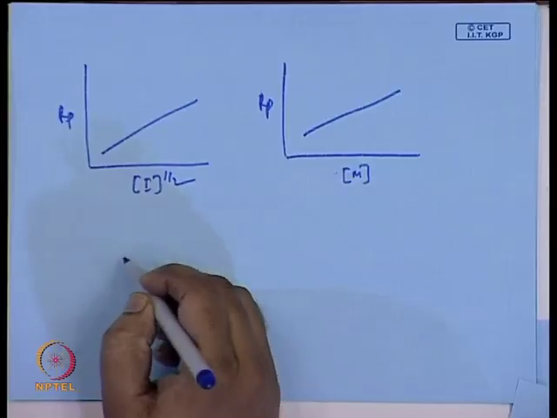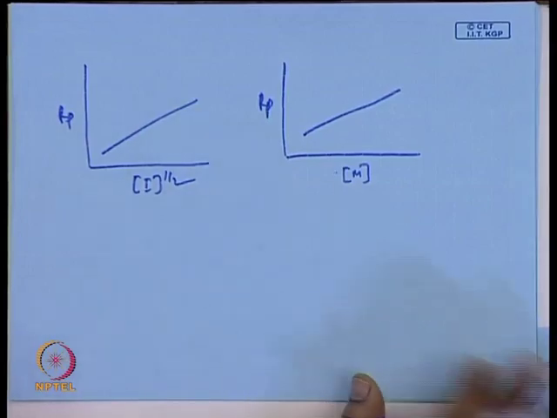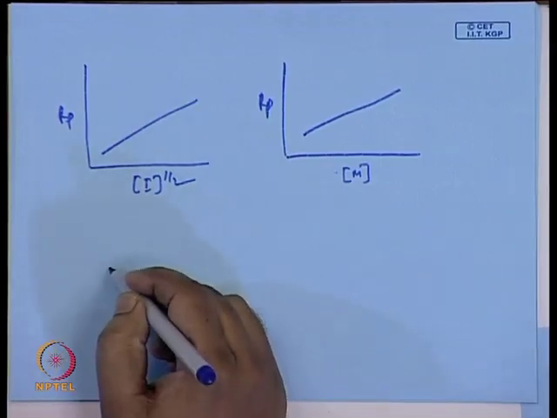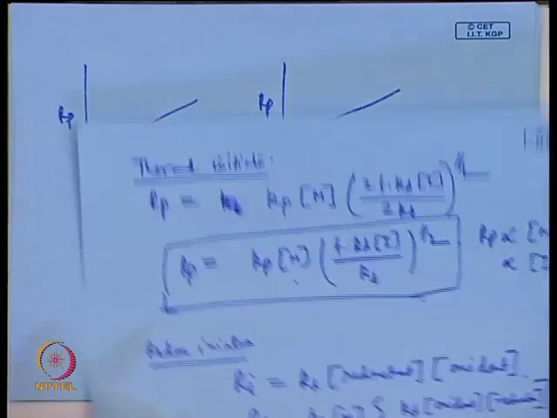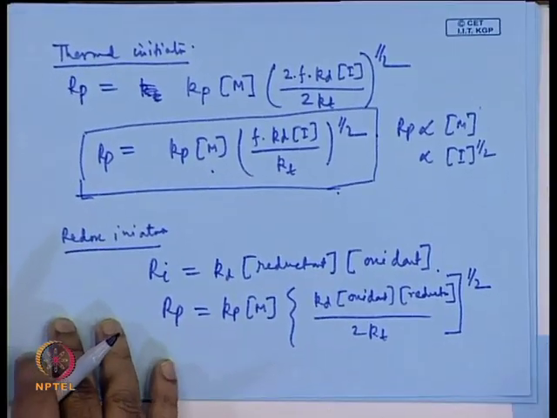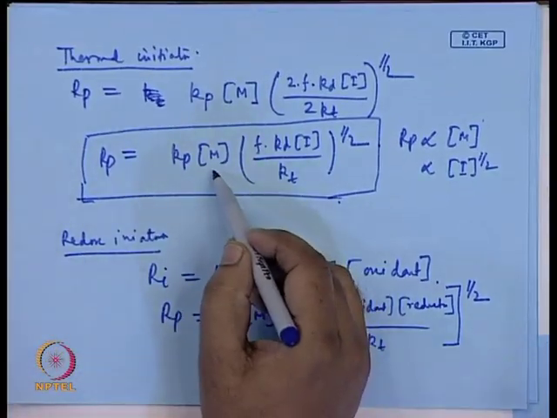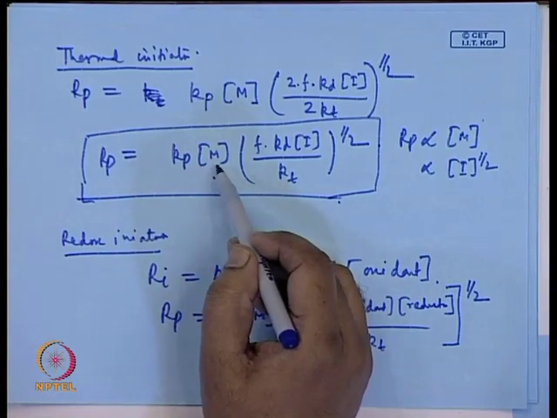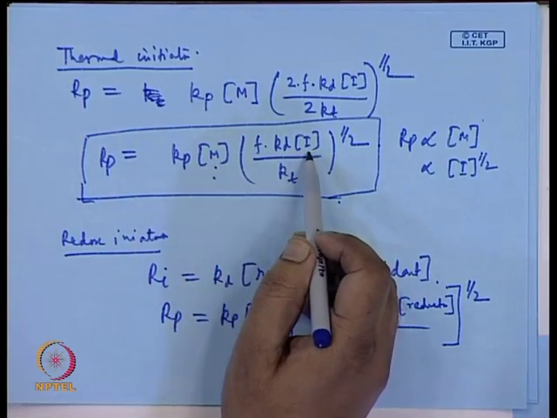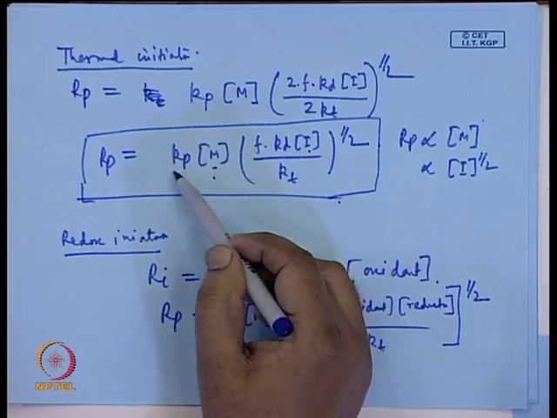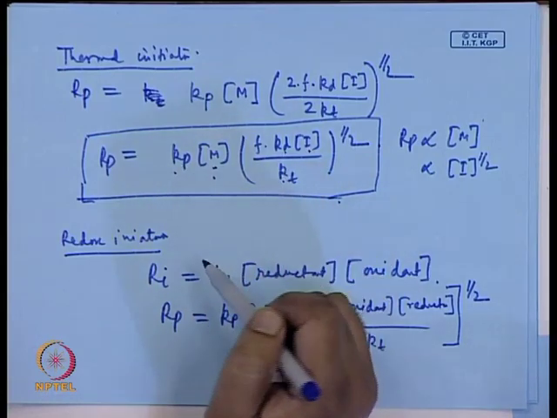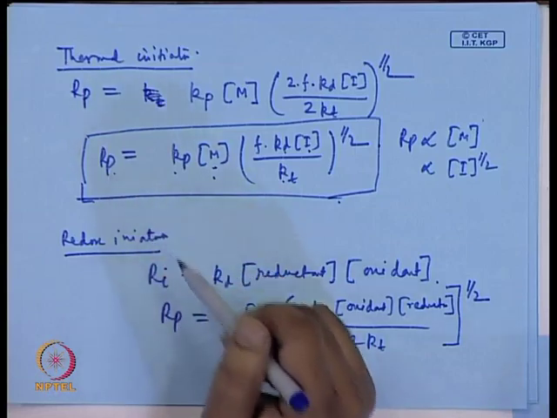So, again, if you go back to this expression, besides the concentration of monomer and concentration of initiator, these also will determine your rate of polymerization.